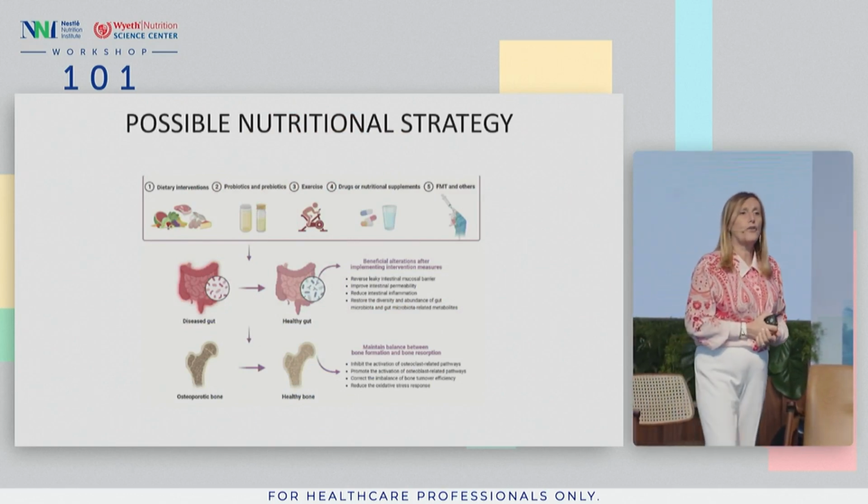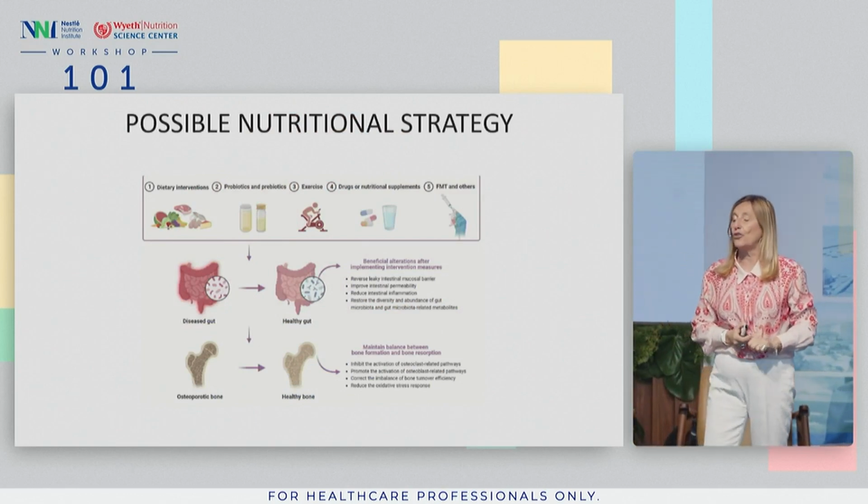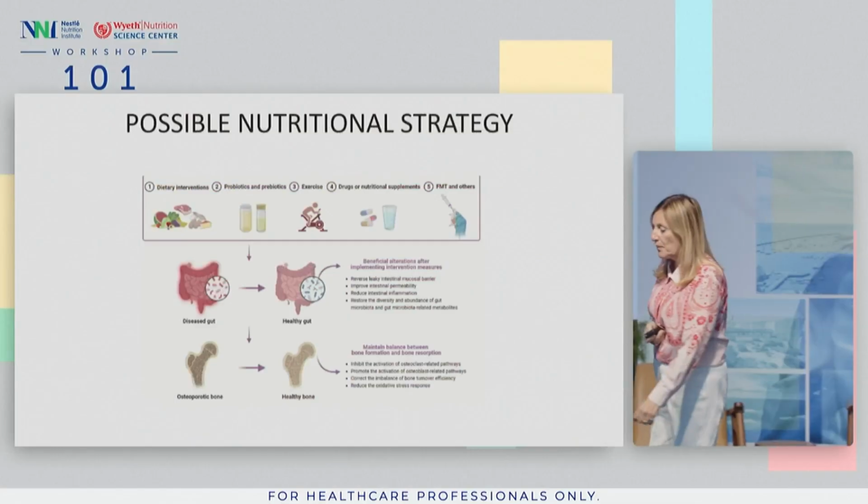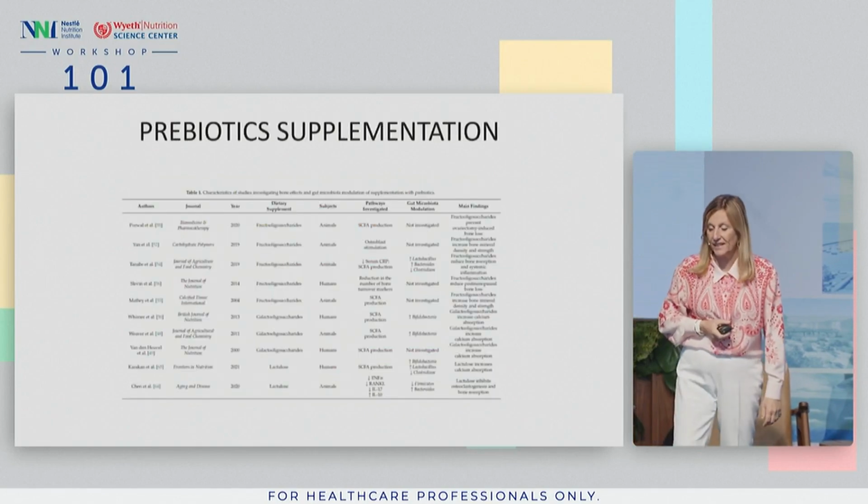But don't forget the second part of the title, clinical implication. So what do we have in our hands to change this? We heard yesterday about dietary intervention, exercise, lifestyle, and also supplementation that can reflect on bone metabolism. But let's see what is written in the literature.